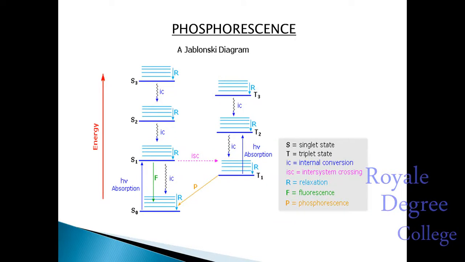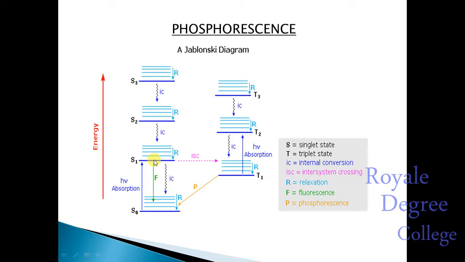Here you can see the figure, as we are talking about phosphorescence: ground singlet state, that is S0. From that, the electron is going to absorb light. So the electron in the ground state, after absorbing the light, moves towards the excited state, the first excited singlet state, and from there it goes to the higher states also, that is S2, S3.